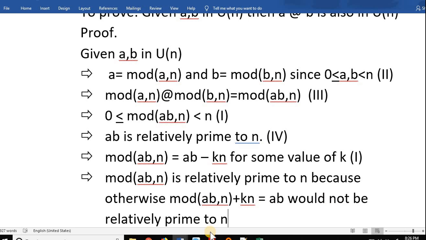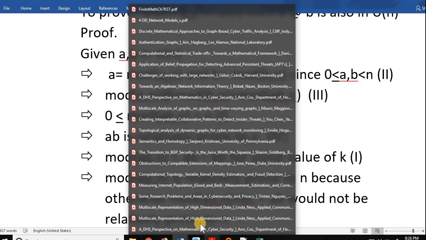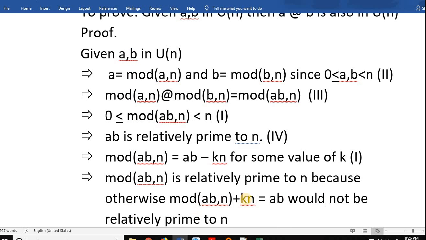Right, it might be better if I wrote more steps, but this does give the idea, that if mod AB were not relatively prime to n, then the sum is not relatively prime. Then AB would not be relatively prime. But I know that AB is relatively prime. So this contradicts.